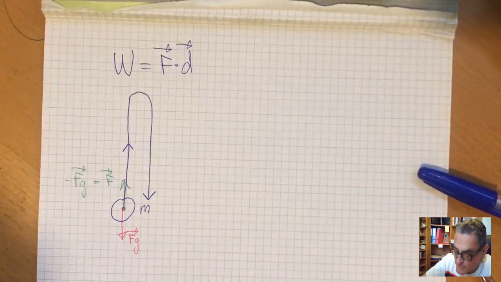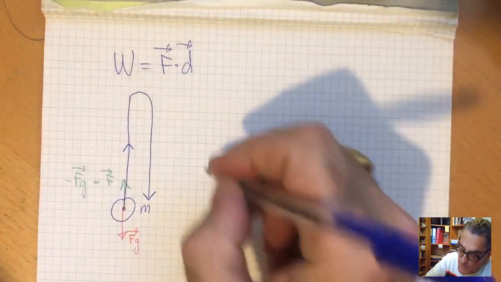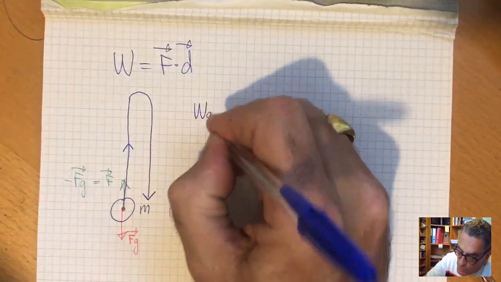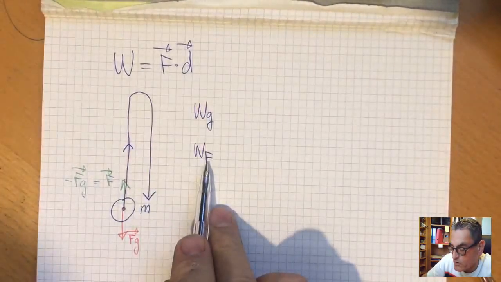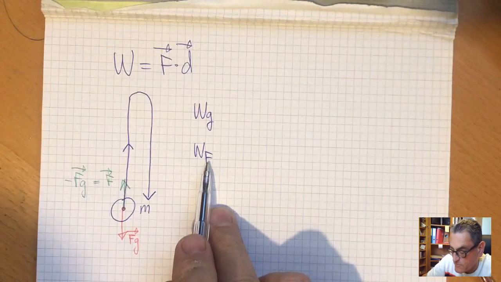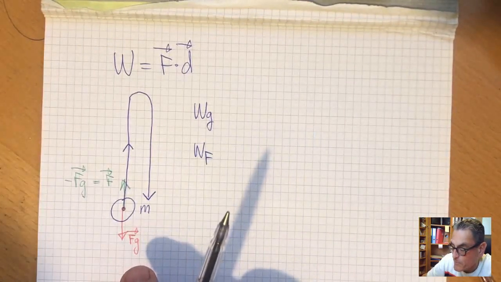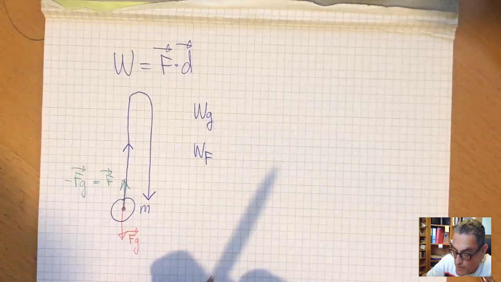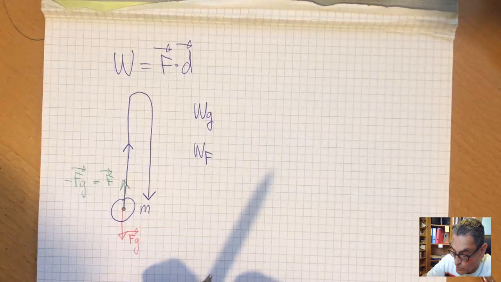Right? Good. Now let's compute the work of the gravitational force, and let's compute the work of our force F. You remember, I told you very clearly, when you compute work, be clear about which force you are computing work for.